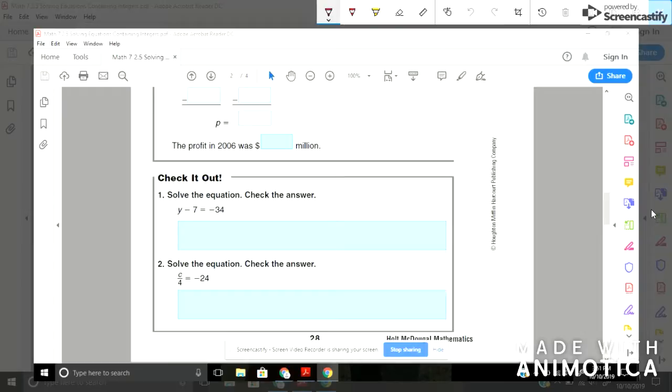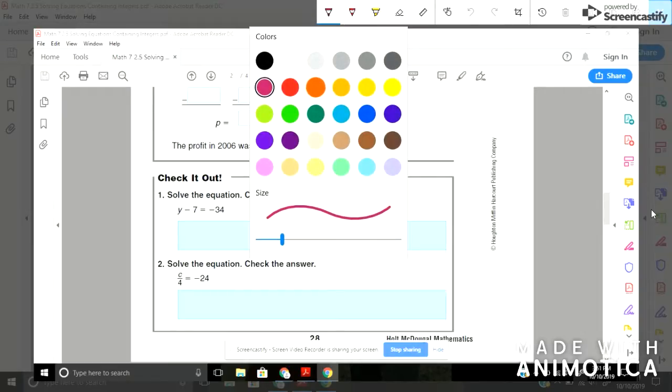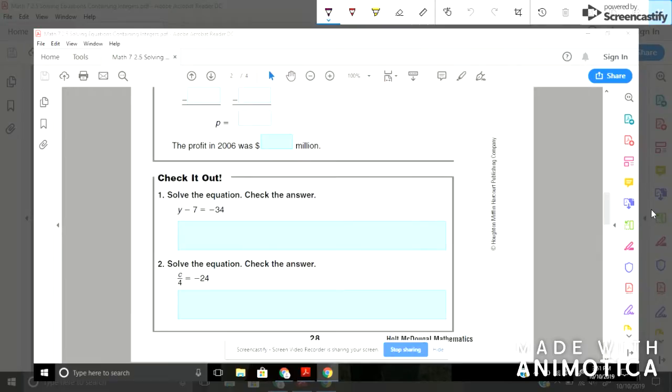Okay, to wrap it up for the check it out, let's use purple here. It says y minus 7 is equal to negative 34. I need to isolate my variable. Right now it's being subtracted by 7. So to undo that, I will add 7 to both sides. Negative 7 plus 7 is 0. I'll be left with y equals negative 34 plus 7.